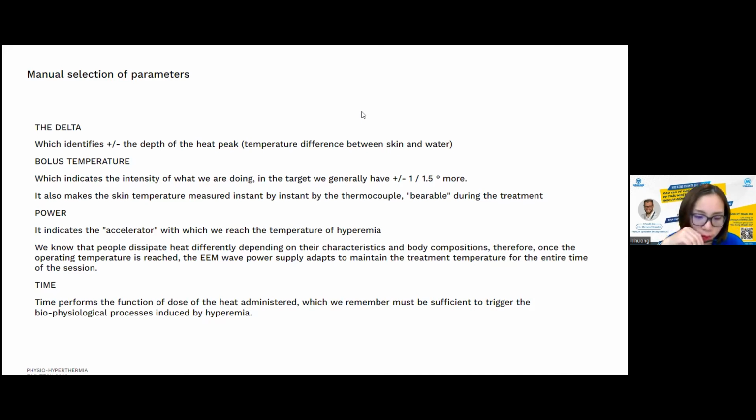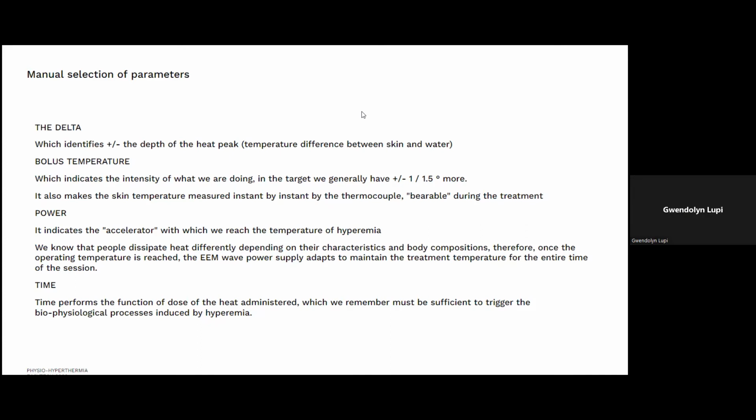Okay, the next parameter. Power is, as we have written, really the accelerator. It helps us reach the desired temperature. Consider that each of us is different, depending on age and habits, whether we are more sporty or not. Different people dissipate heat in different ways.